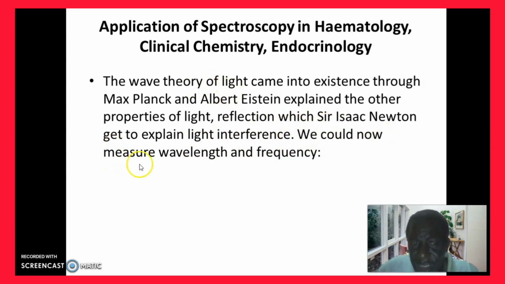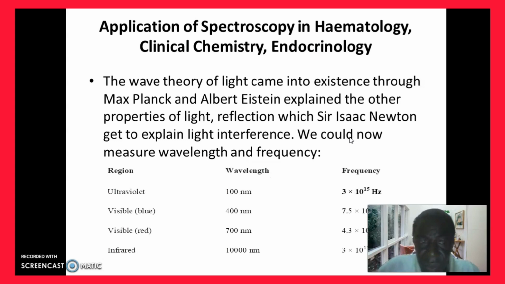We could now measure wavelength and frequency, which was never thought of during those periods. So these wavelengths and frequencies are now what we use in our colorimeter, spectrophotometer, and so on.